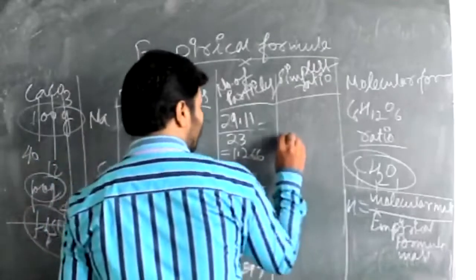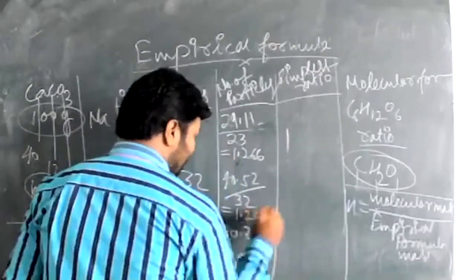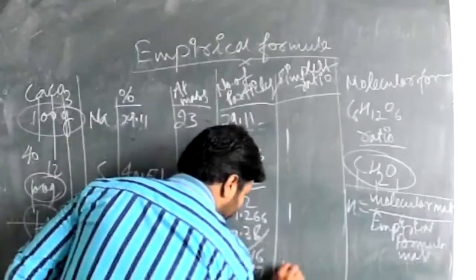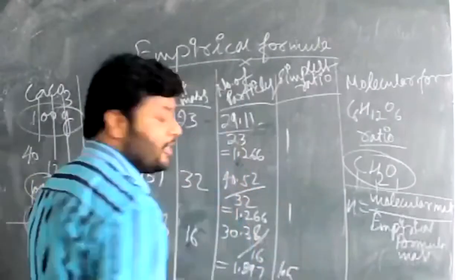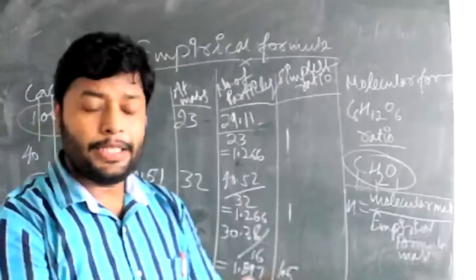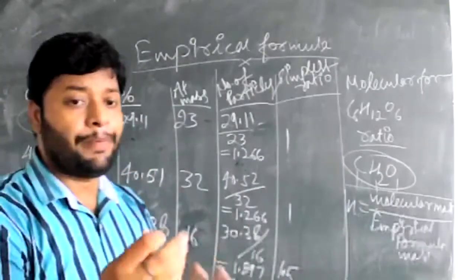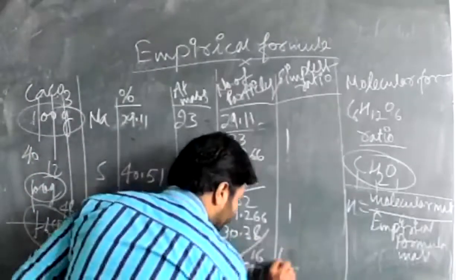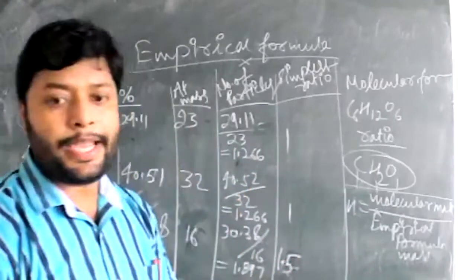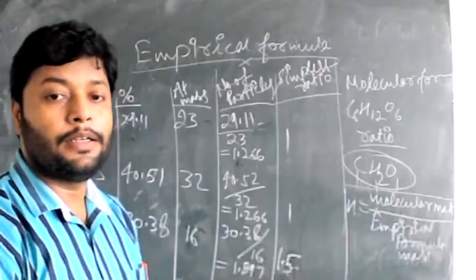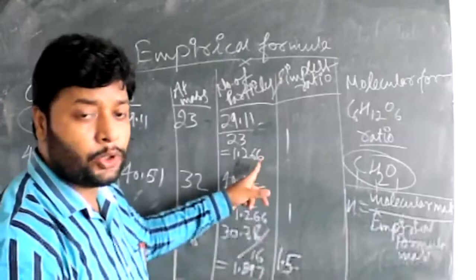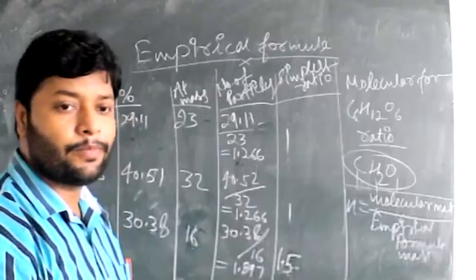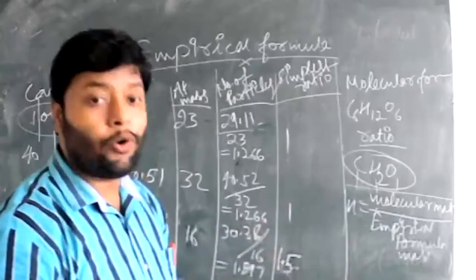So that will give 1, that will give 1, and that will give about 1.5. You have to write the nearest value. So on division, to convert into the simplest ratio, we have 1.5, and that should be a whole number.